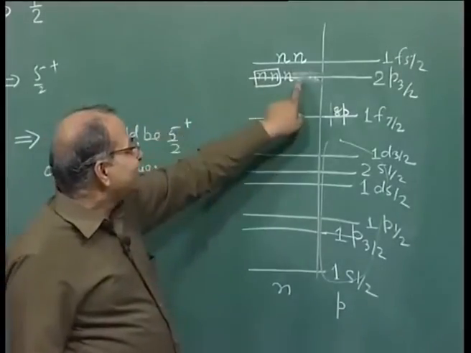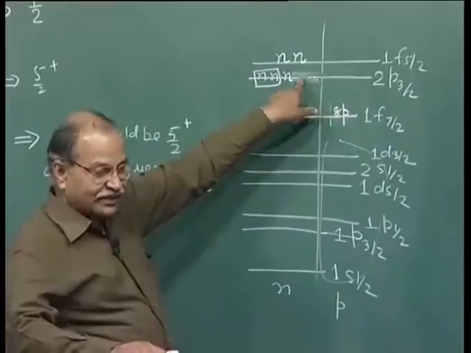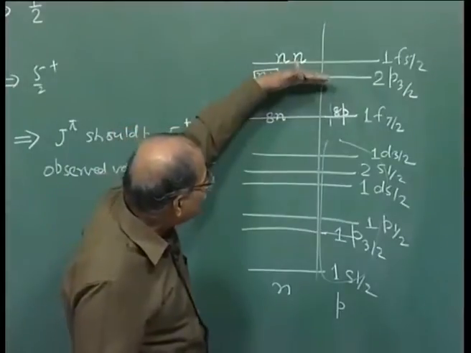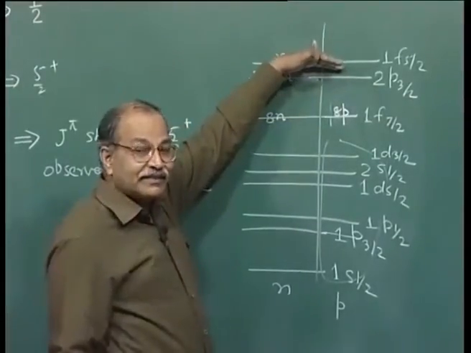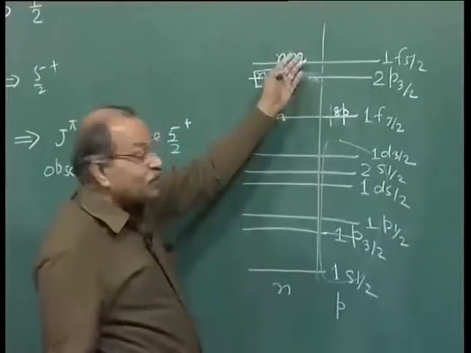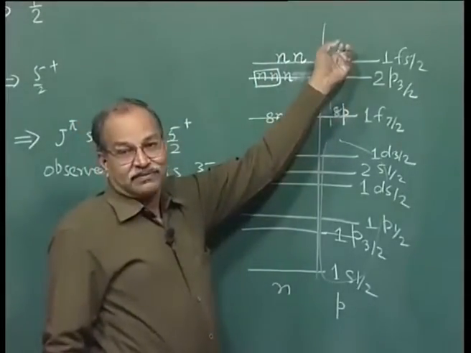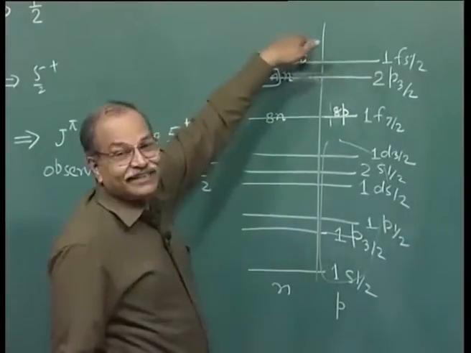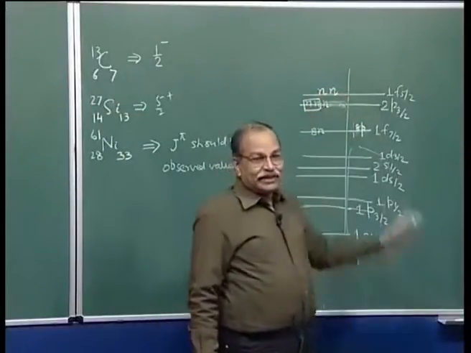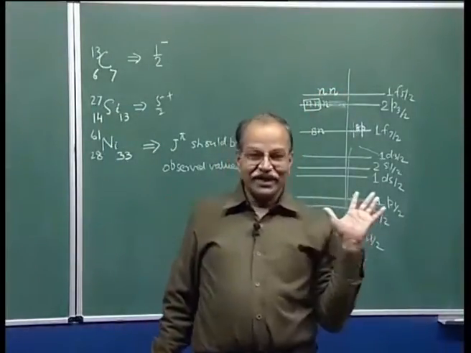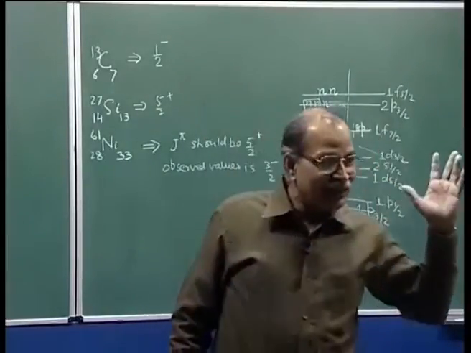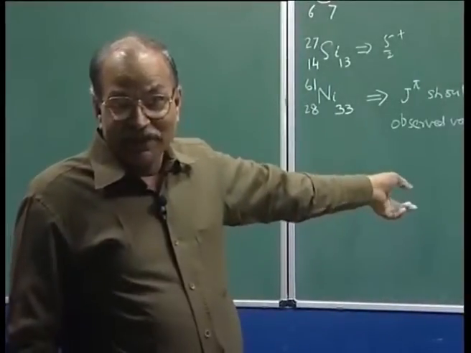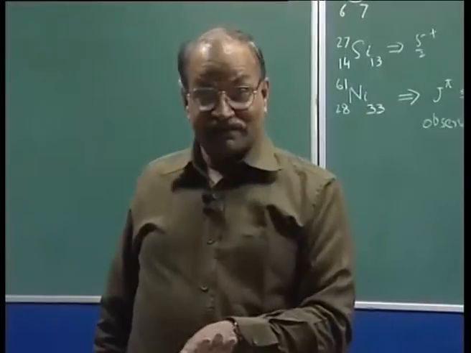Here the energy is reduced by a certain amount because of pairing, here it is reduced by a much larger amount. So, even if it has to go to a higher energy level, that saving due to pairing is more than this going up, and hence in ground state it is n here and n here. So, that extreme single particle model is still working. Only by taking proper care of pairing energy, we can also explain this type of situation, nickel 61 type of situation.